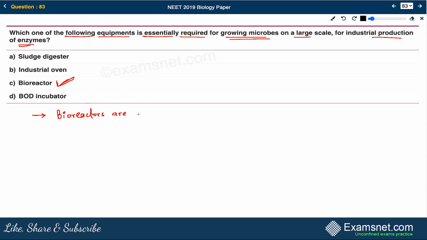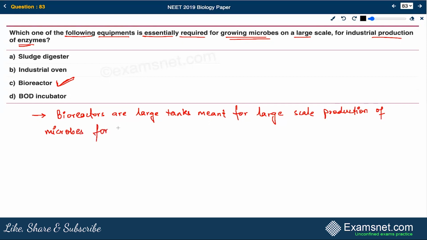All right, so basically we can say that bioreactors are large tanks meant for large scale production of microbes for industrial preparation of enzymes.